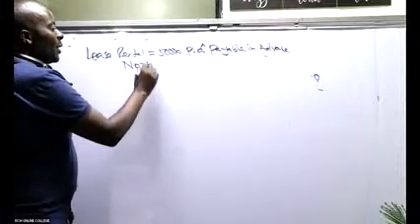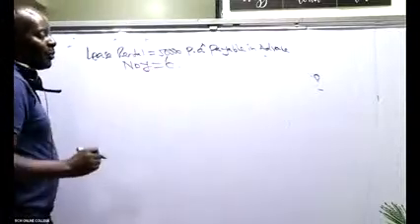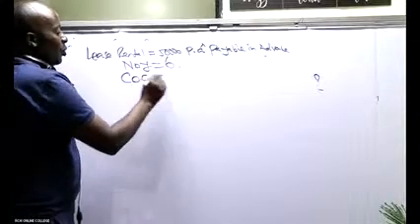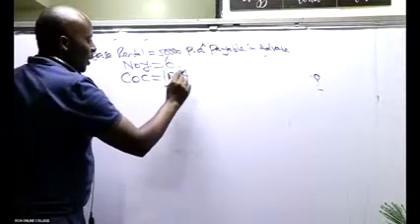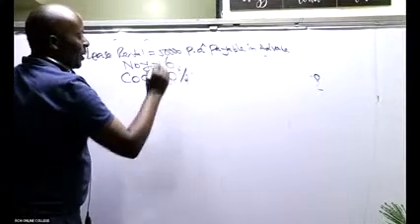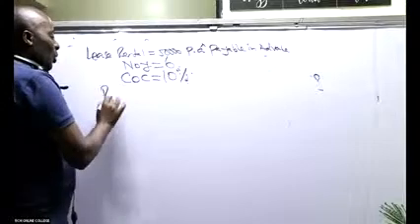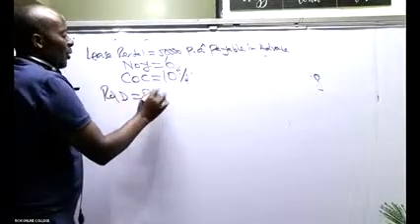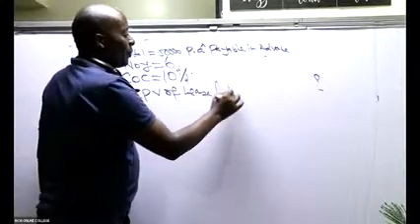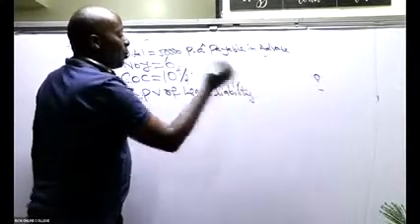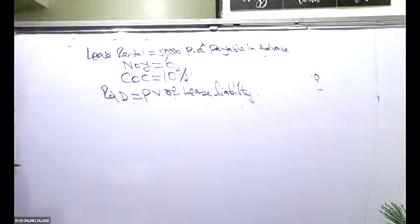Number of years is 6, for example. They'll come and give you the cost of capital, let's use 10%. And then you'll be required to give the present value of lease liability, or present value of lease rentals.